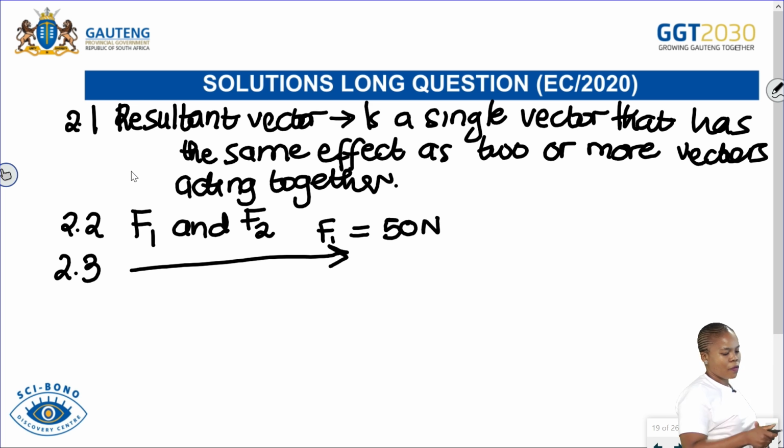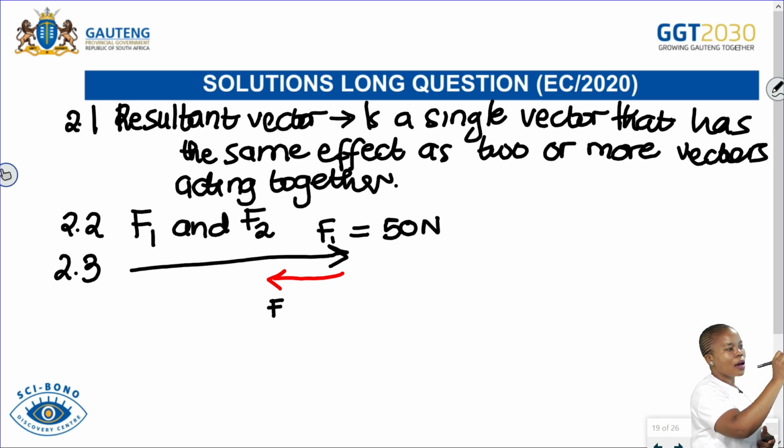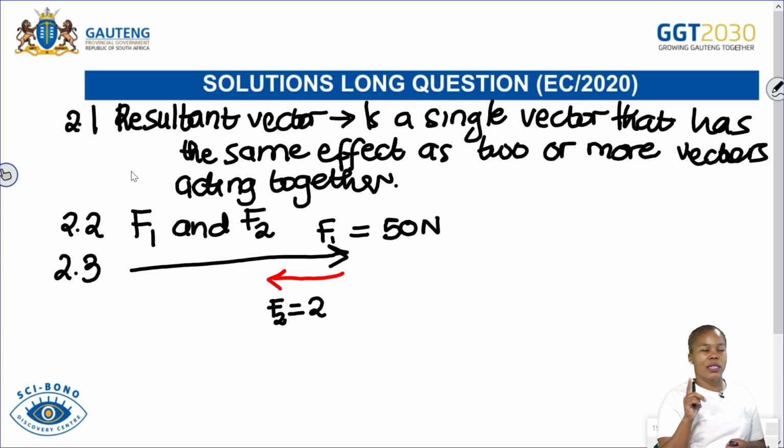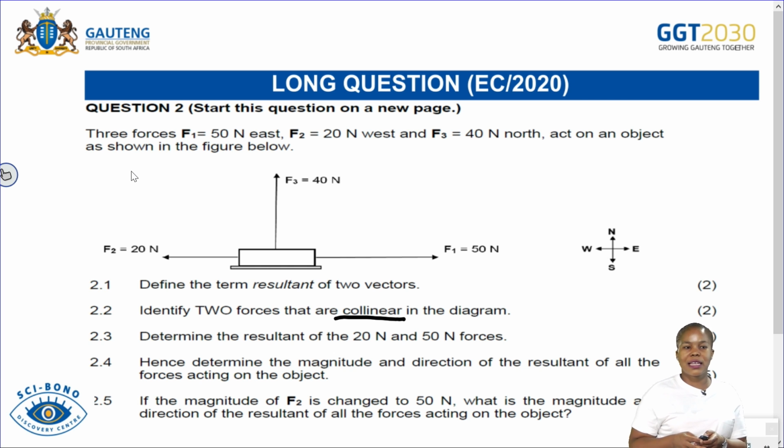So here's our F1, and then our F2 is acting, so let's make this one our F2, and it has a magnitude of 20 newtons in a western direction. Now we have to determine the resultant of the two forces.